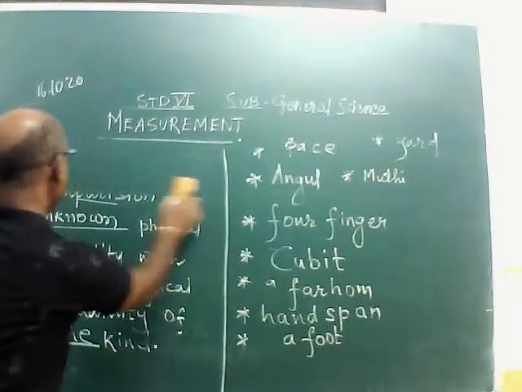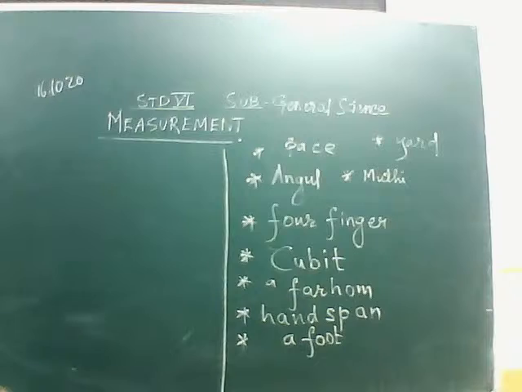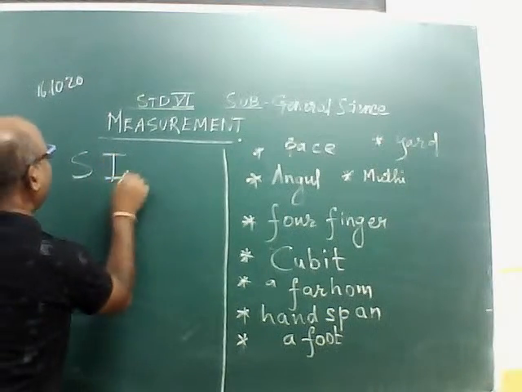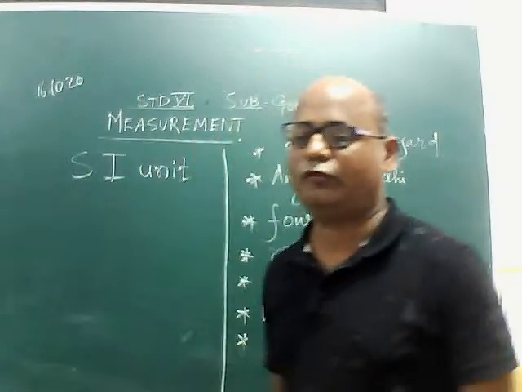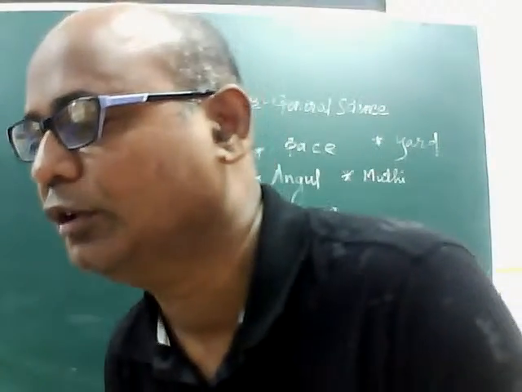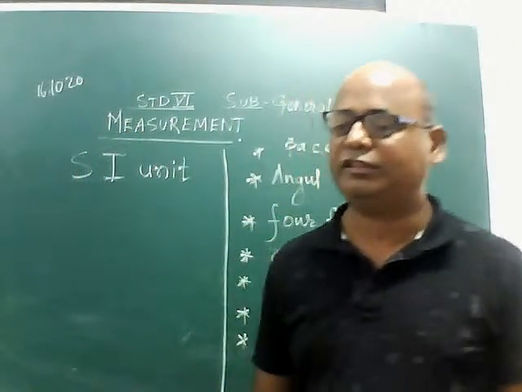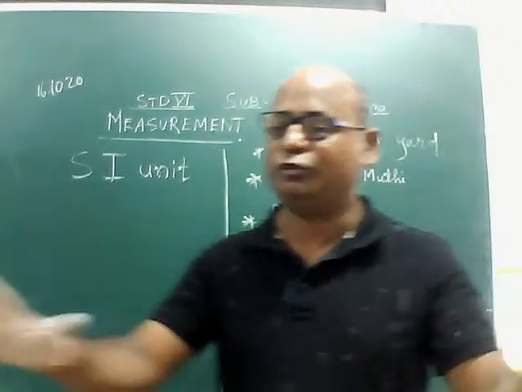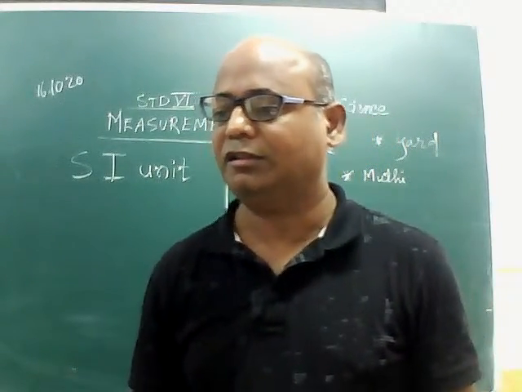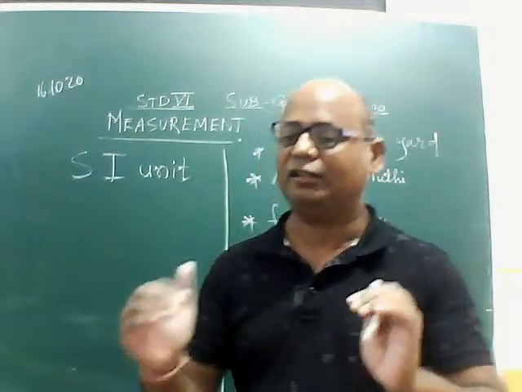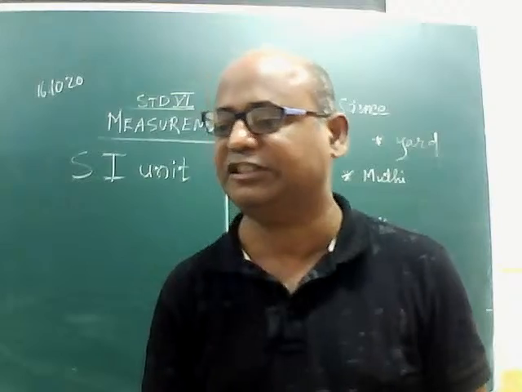Now you put the answer by SI unit. What is the full form of this SI unit? Give answer. In 1960, to have uniform measurement throughout the world, scientists sat together and made SI unit for each and every fundamental physical quantity.